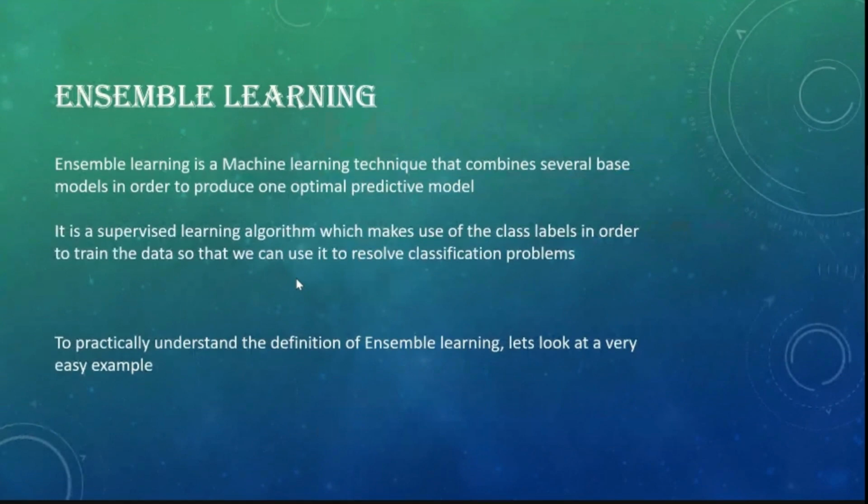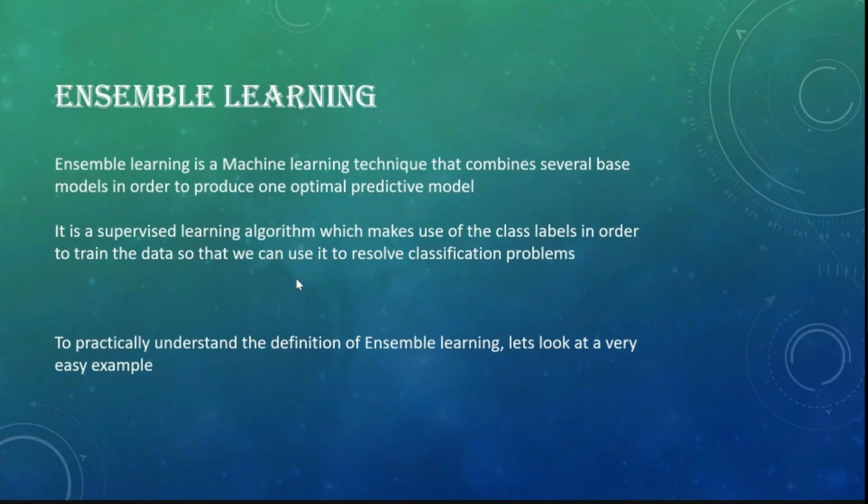Before directly going to XGBoost, we need to understand a basic concept called ensemble learning, because the previous seminar has not covered these techniques, so we have to start from ensemble learning. So, what is ensemble learning? Ensemble learning is a machine learning technique that combines several base models in order to produce one predictive model, which is completely optimal.